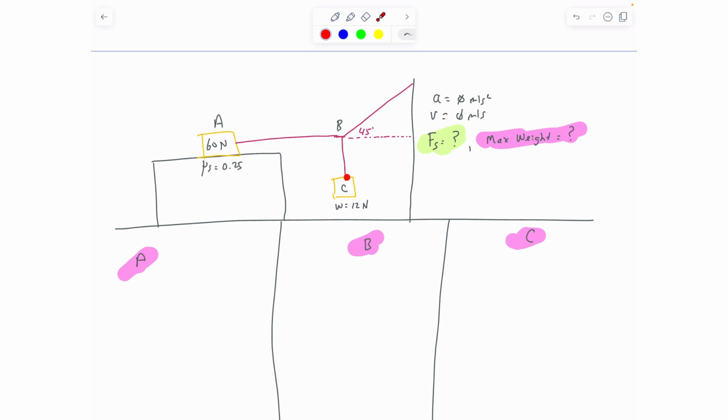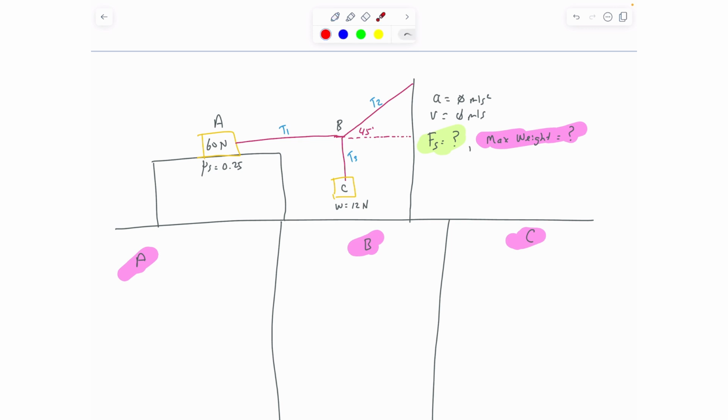Now the rope has tension in it. Let's call this part T1, this string here T2, and this one T3. Those are the three tensions, the three string segments.